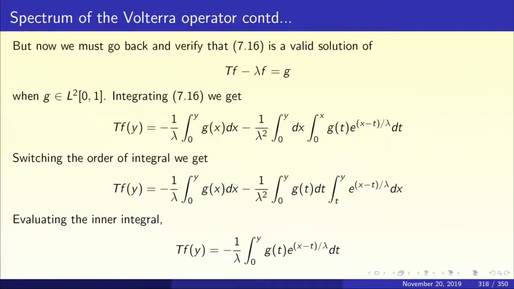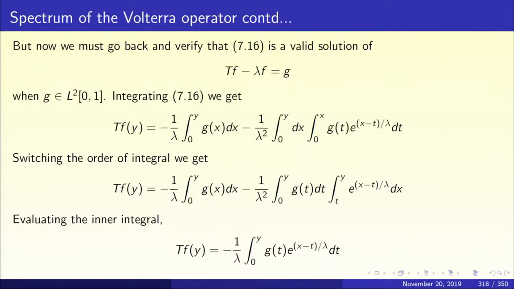So let us now integrate 7.16. Tf of y equal to minus 1 upon lambda integral 0 to y g of x dx minus 1 upon lambda squared integral 0 to y dx integral 0 to x g of t into e to the power (x minus t) by lambda dt. Simply integrate the expression 7.16 from 0 to y. That's exactly what I have done.